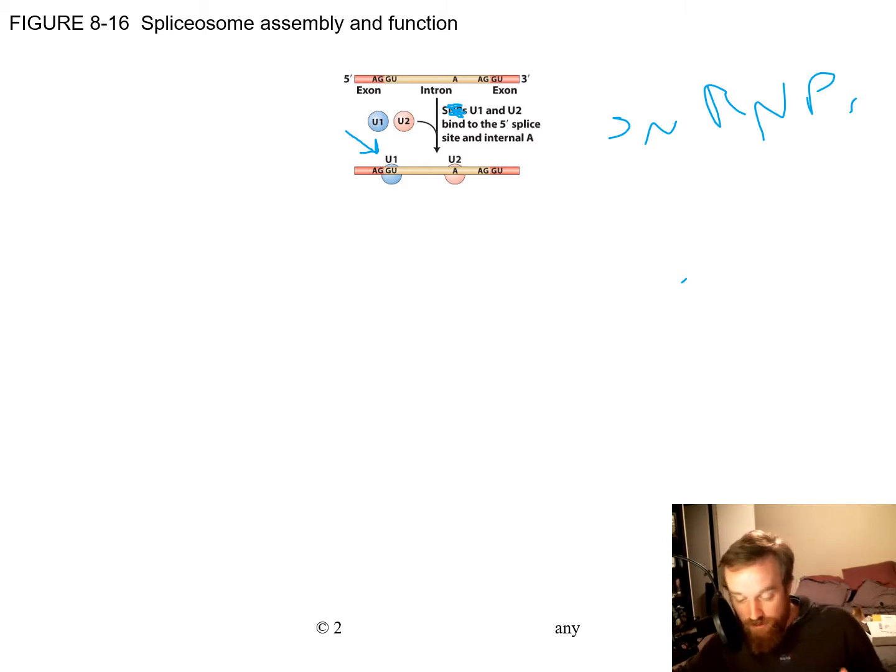The second snRNP will attach to this consensus adenine that is 15 to 45 nucleotides upstream of this last AGGU region.